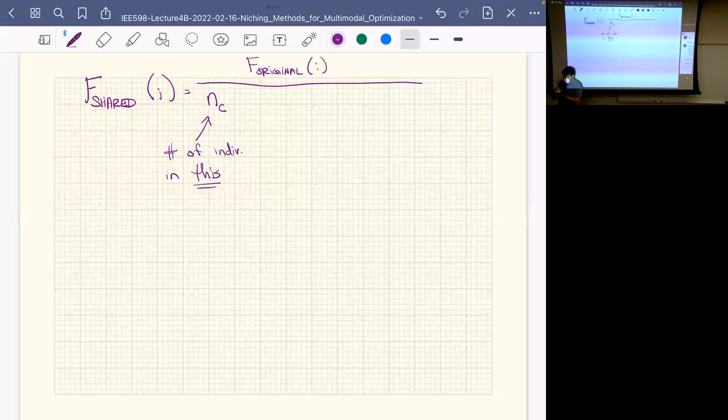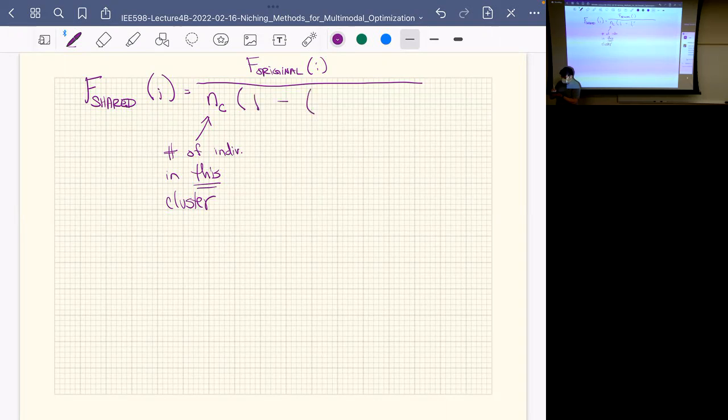So I could make it n_Ci, times a similar scalar as we had before.